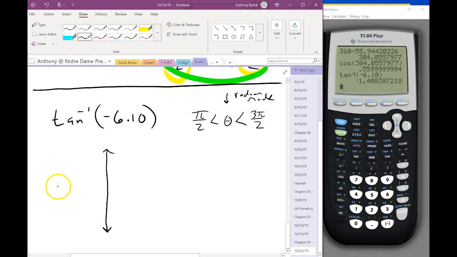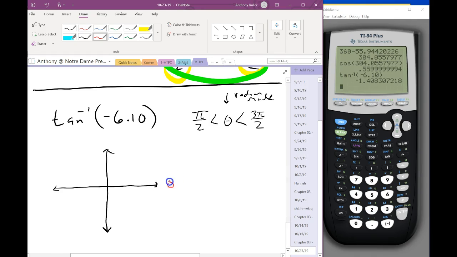So let's go ahead and draw where this angle is. Negative means I'm going to be going in the clockwise direction, reverse of usual. And then how far into the quadrant is 1.4?